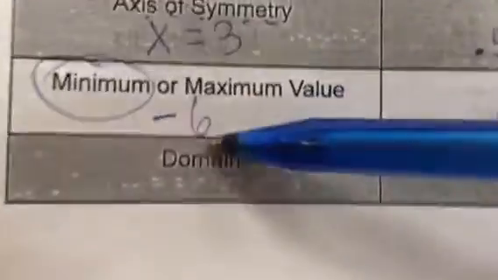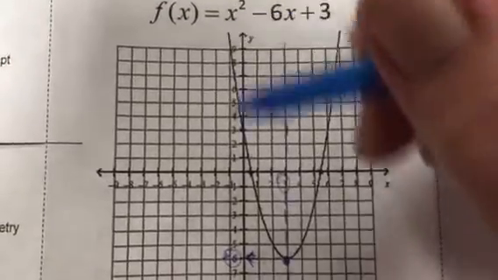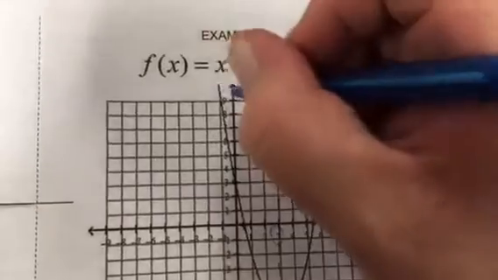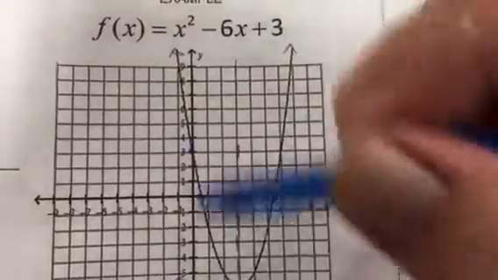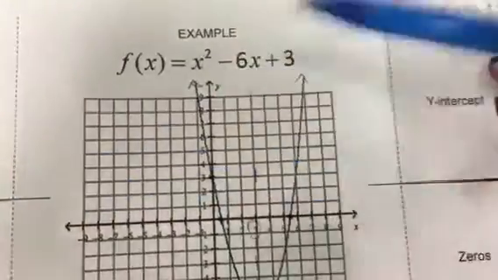Now we want to talk about domain and range. Whenever we have a quadratic equation or a quadratic graph and it has arrows that go on forever, the domain is always going to be all real numbers, right? Because this graph will keep going to the left forever, so we'll use all the negative x numbers.